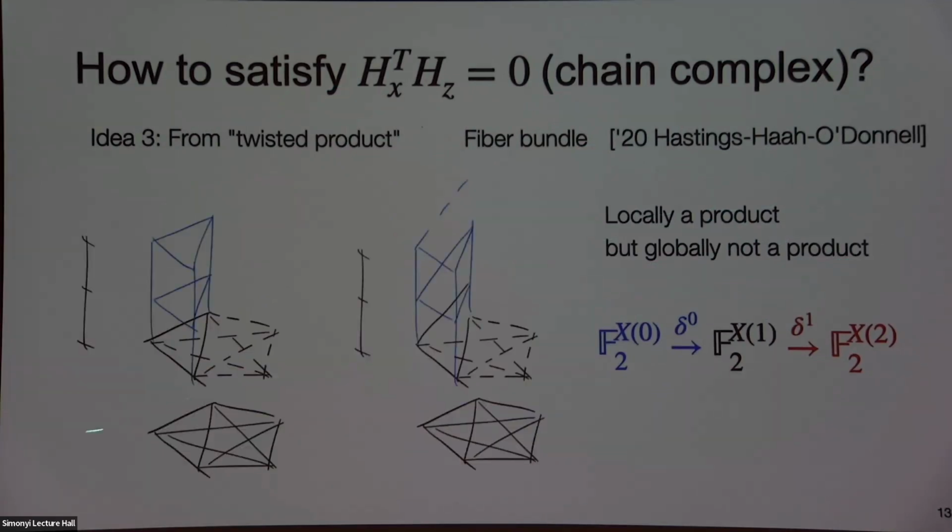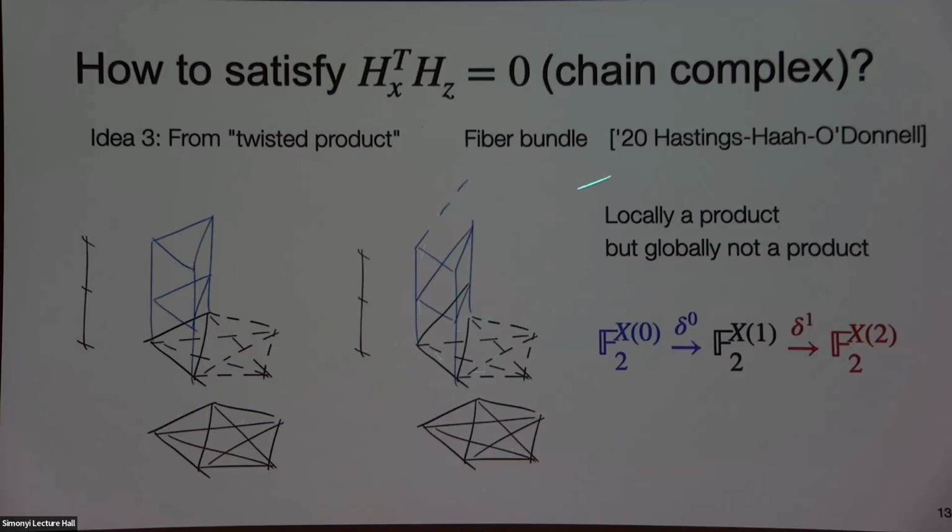Let me just give an example. On the left, it's just the usual product. So I have a base graph and a cycle in it. The product is just the usual Cartesian product. But here we can consider a kind of twisted product. These two edges are still the same thing, but for the edge on the back, I shifted one step in the cycle direction.